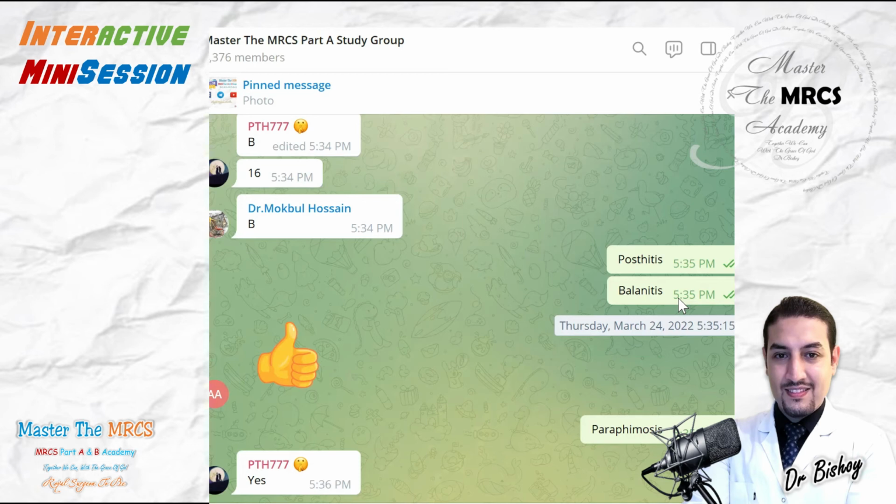Circumcision is regarding religion and cultural beliefs, but here you will require circumcision as an emergency in the phimosis patient. He will have inability to retract the foreskin, which might be partial or complete.